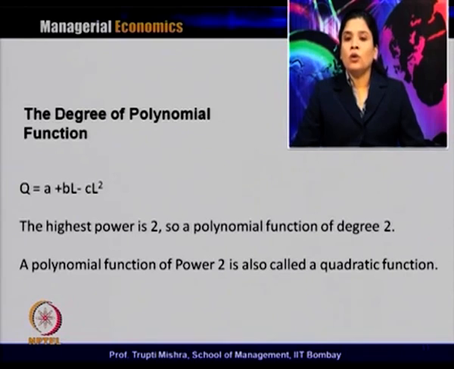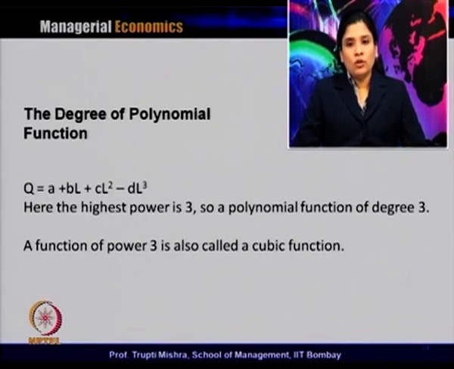So in order to identify the polynomial function, it is always the highest power in the functional form. In this case the highest power is 2. So a polynomial function of degree 2 has this functional form, and this is also called a quadratic function.